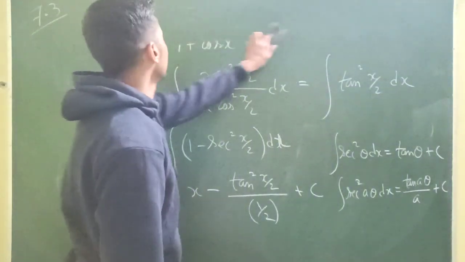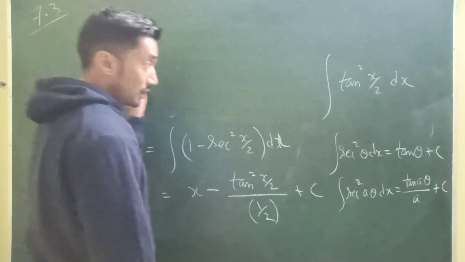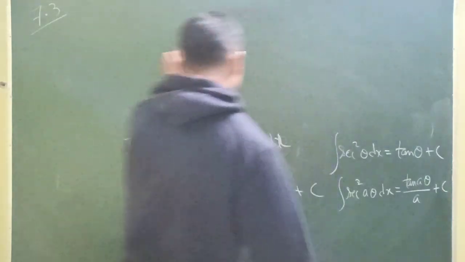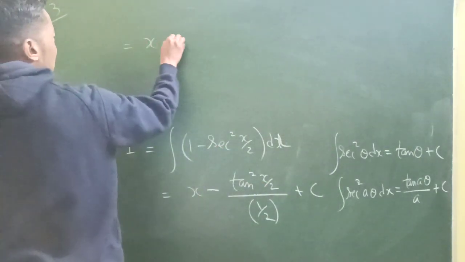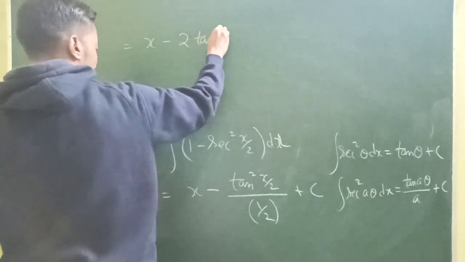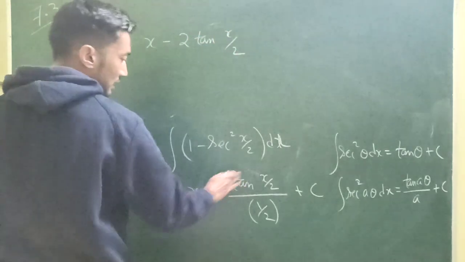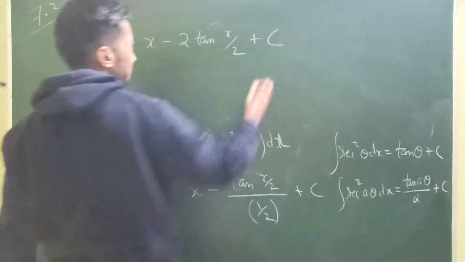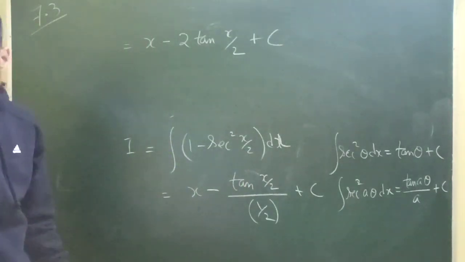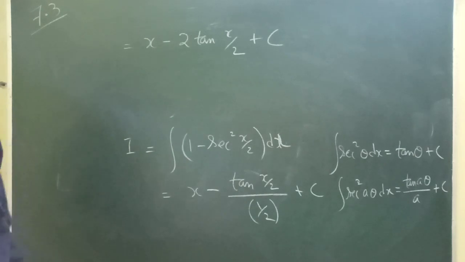So simple questions regarding substitution I have already shared in the first 2-3 videos. So that's x minus twice of tan x by 2 plus c. Alright, so this was question number 8, 2 tan x by 2 minus x plus c.